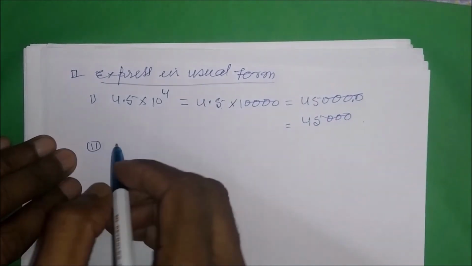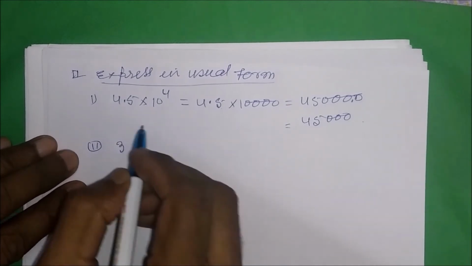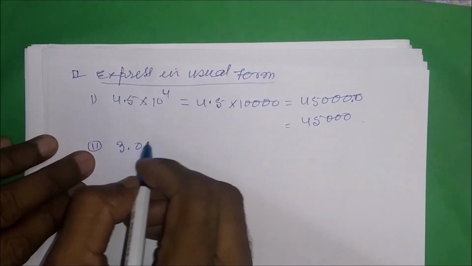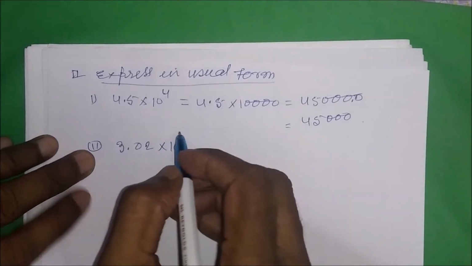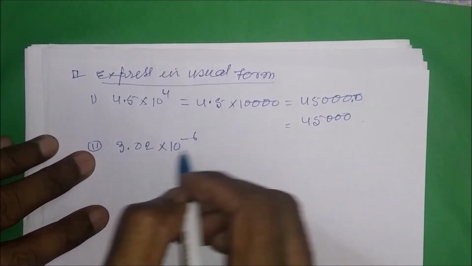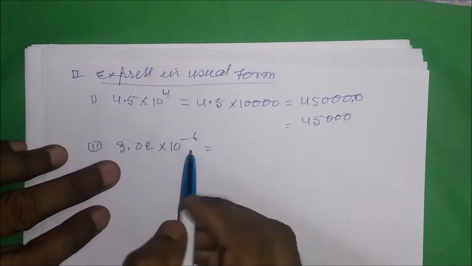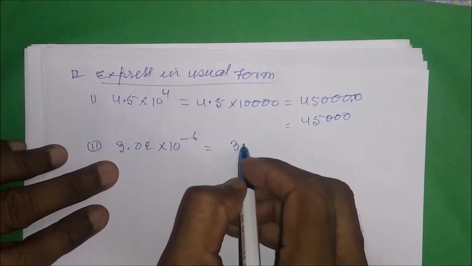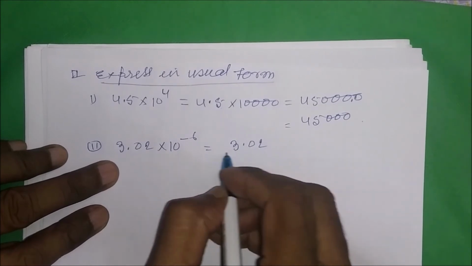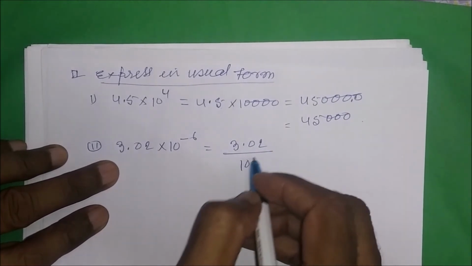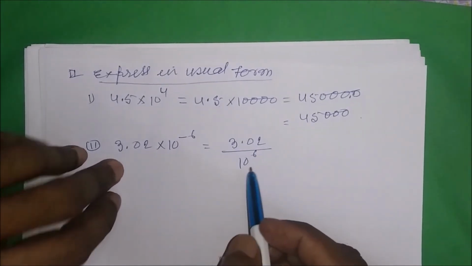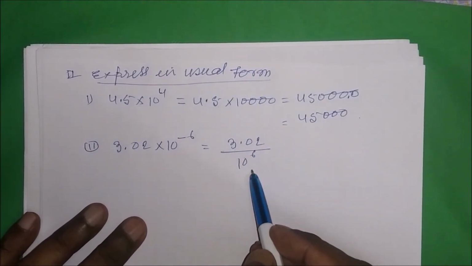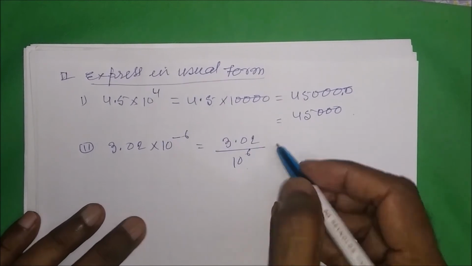Number 2, I am giving you another with the negative one. 3.02 into 10 to the power minus 6 I have given you. So first this minus 6 you convert into the positive. How will you convert? 3.02 upon 10 to the power 6. As you know, when any number comes from numerator to denominator, the sign of the power changes, right?